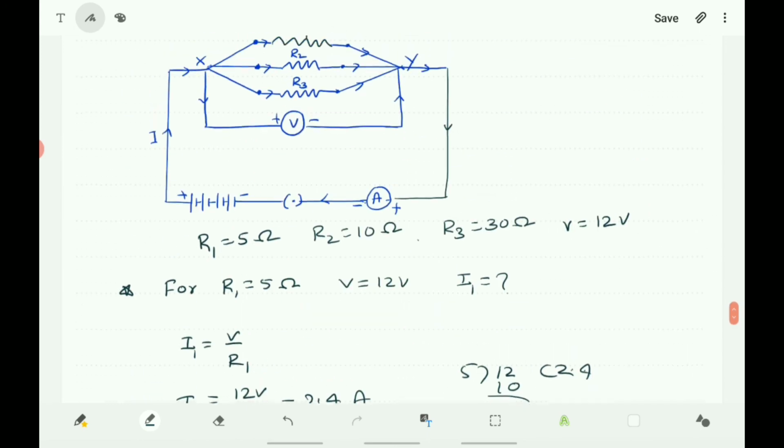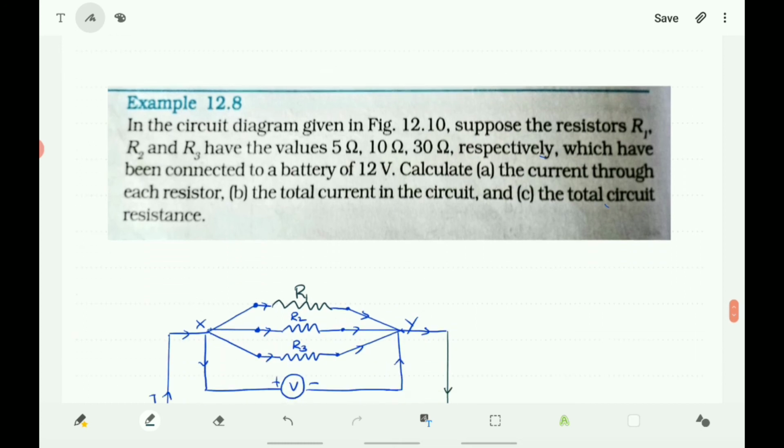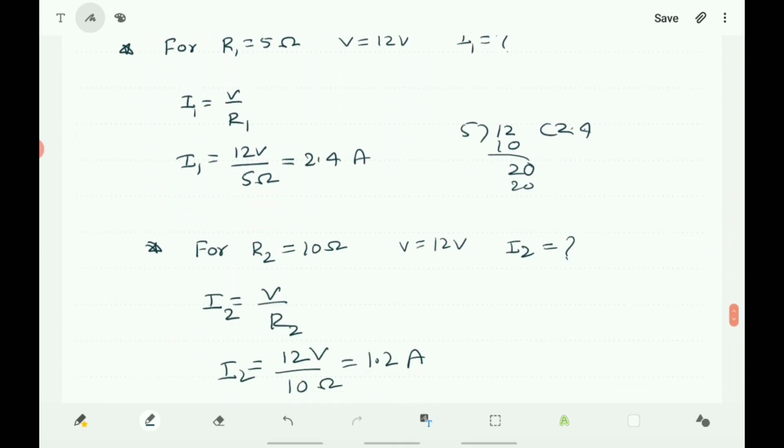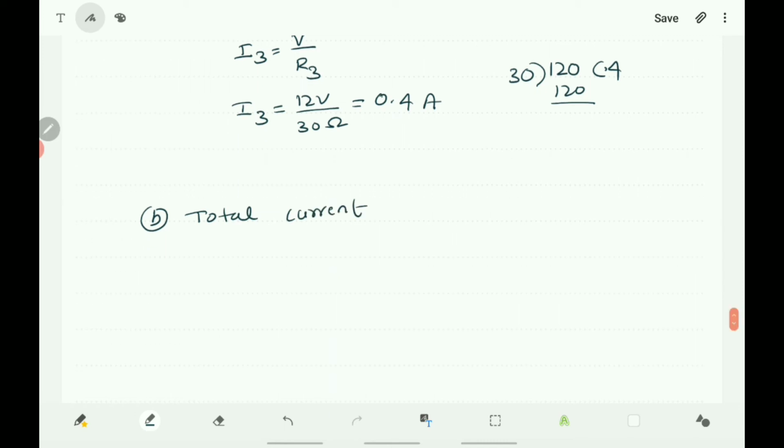Next, here we have to find the total current in the circuit. That is nothing but the sum of all the currents through R1, R2 and R3. So next, B is total current. Total current in the circuit, I is equal to I1 plus I2 plus I3.